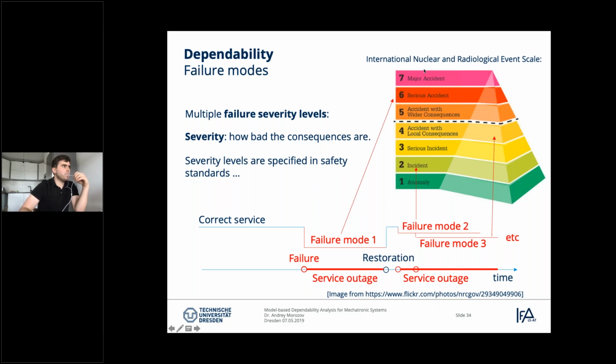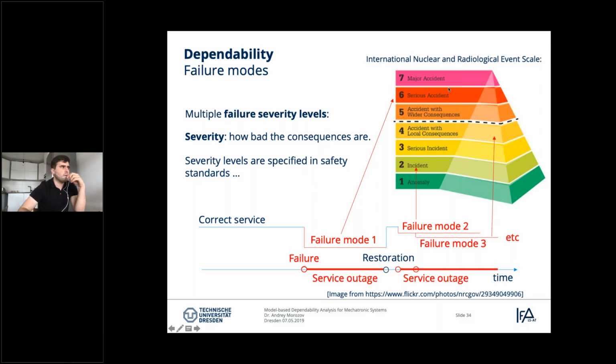In different industries, severity levels are defined in different ways. For example, in nuclear safety, they define levels from green to magenta, like anomaly, incident, serious incident, and up to major incident.